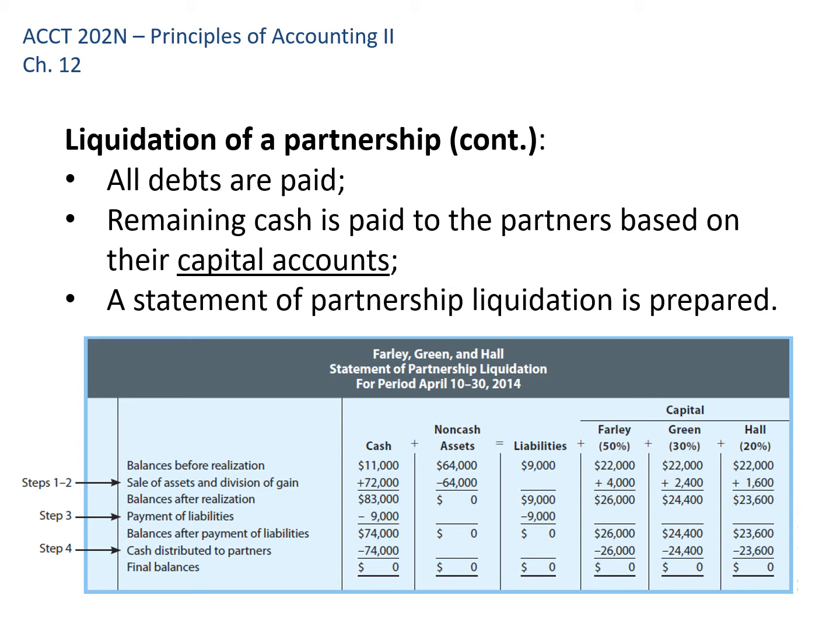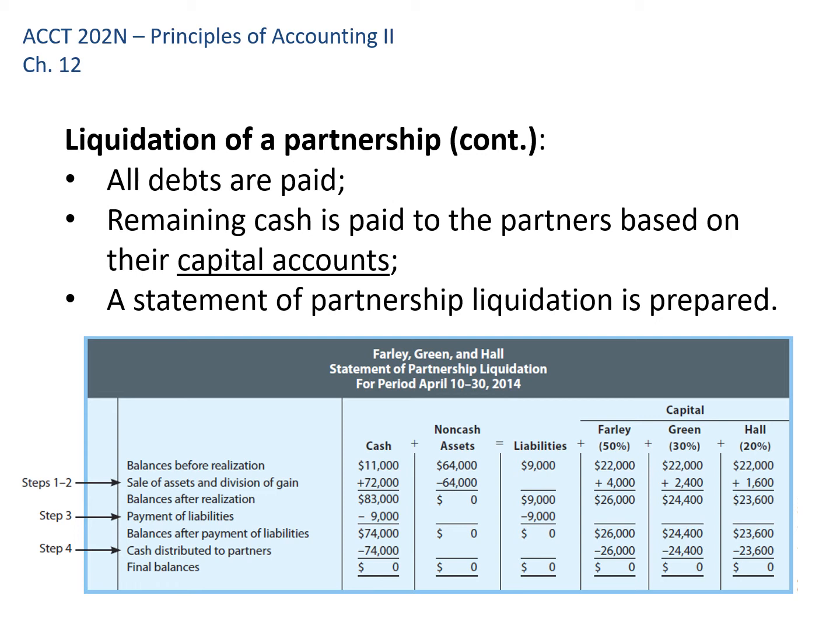So in this case here, you can see balances before realization. The chart on the bottom there, we had cash of 11,000, assets of 64,000, liability of 9,000, and then we had 3 different capital balances. So we sold the 64,000 in assets for 72,000. So we had a gain in that case. So we increased cash by 72,000.